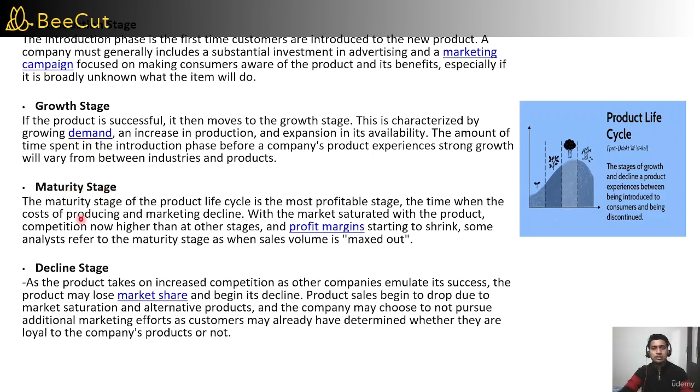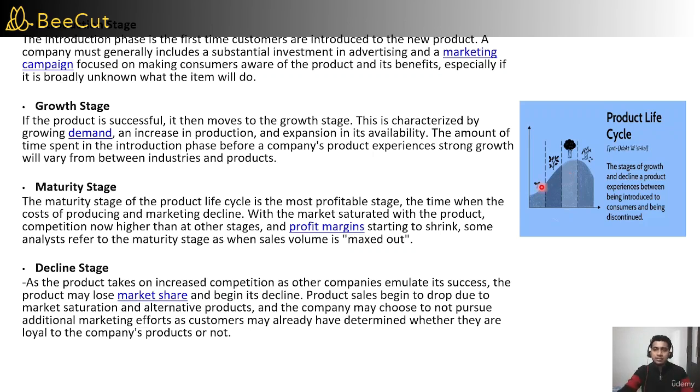Talking about the maturity stage. The maturity stage of a product life cycle is the most profitable stage. Here we have high revenue, or the highest revenue of the full life cycle. That's why it's the most profitable stage. Not just because of that, since there is mass production of our product, the manufacturing cost goes down.